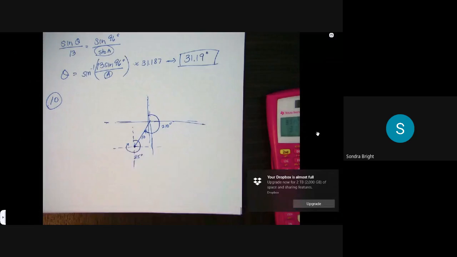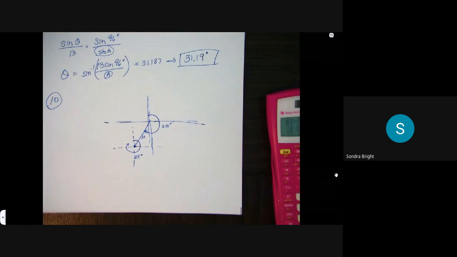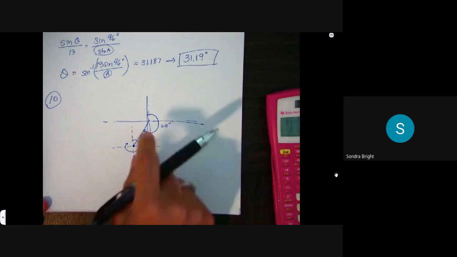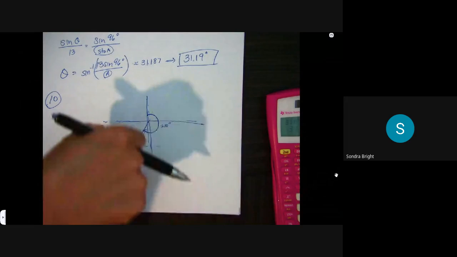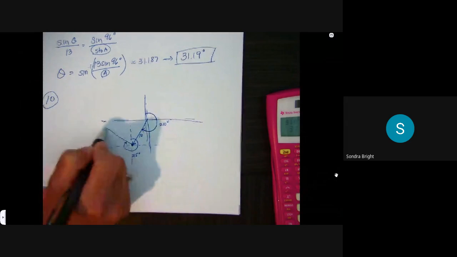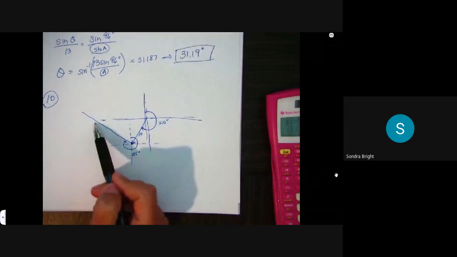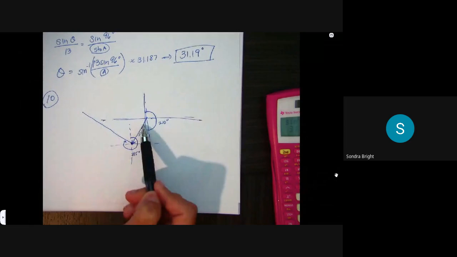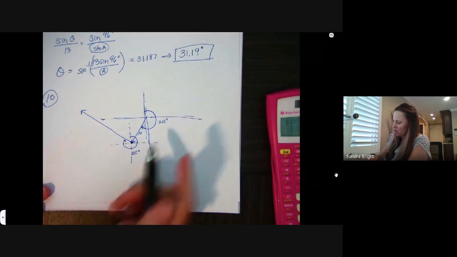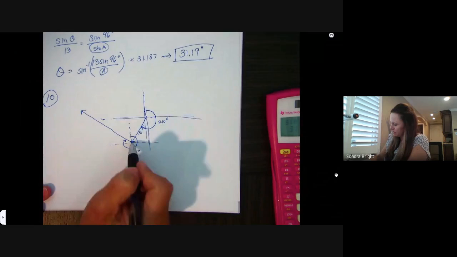If I'm making this 10 and the next one is 18, I need to go almost double this length. It's not a huge deal if you don't, but you can confuse yourself. If you made it go to right here, you would think, oh, that's a 90-degree angle and I can find it that way. So that's what I mean by try to be proportional. If that's 10, it's almost twice the length, 18.